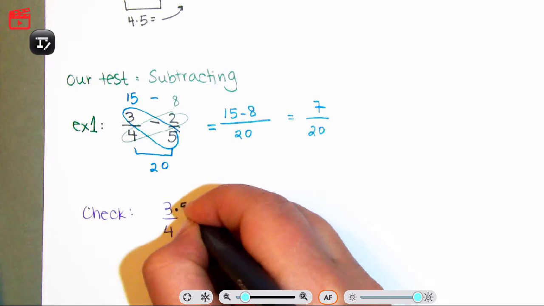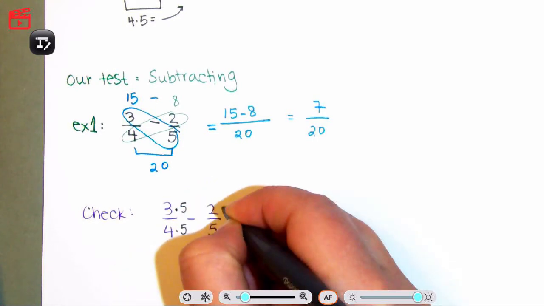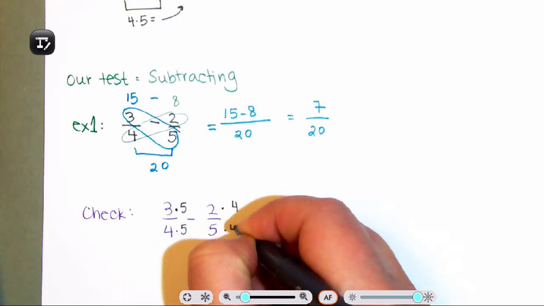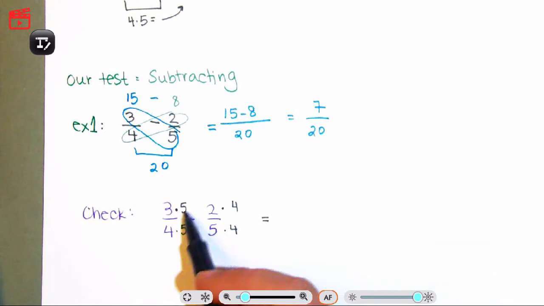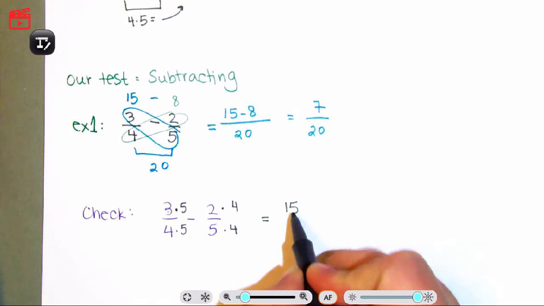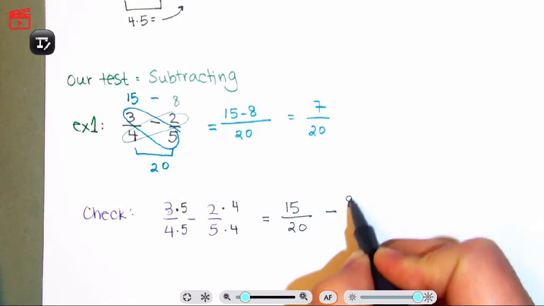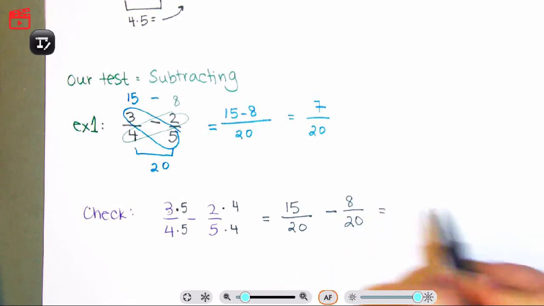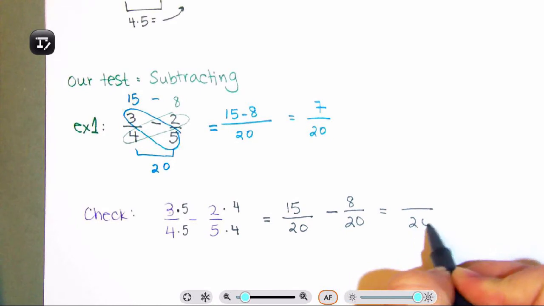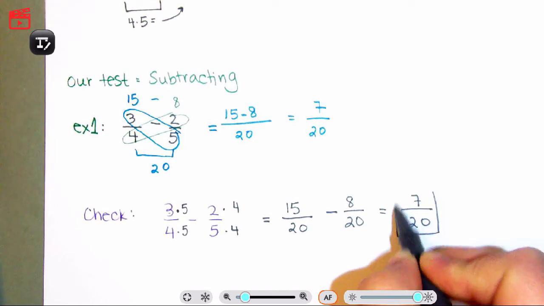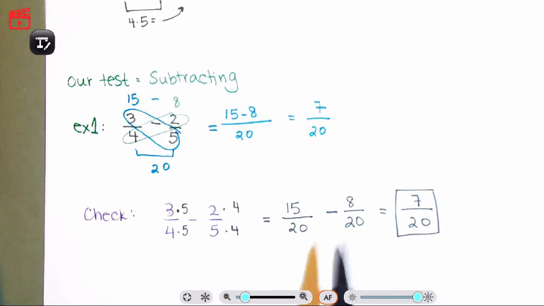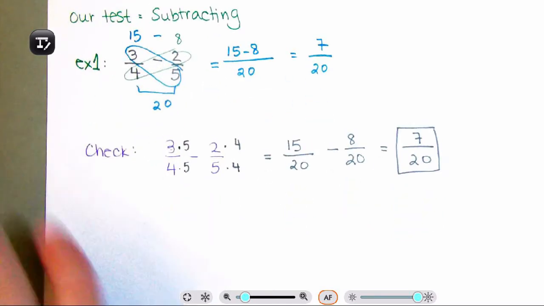So I'm going to multiply by 5, multiply by 5, multiply by 4, multiply by 4. So 3 times 5 is 15 over 20 minus 8 over 20 equals 7/20. And in fact, for this example, it does work. Let's try one more just in case.